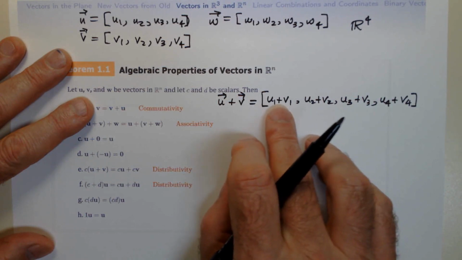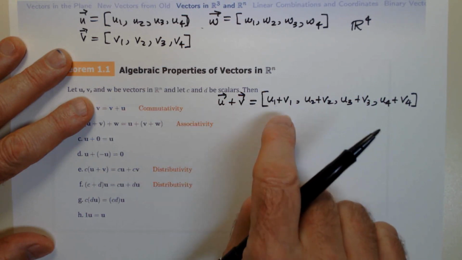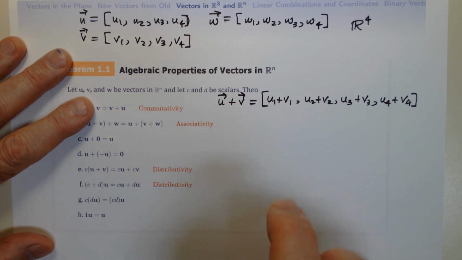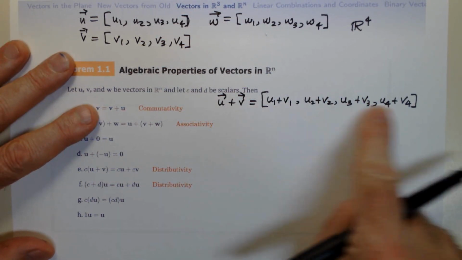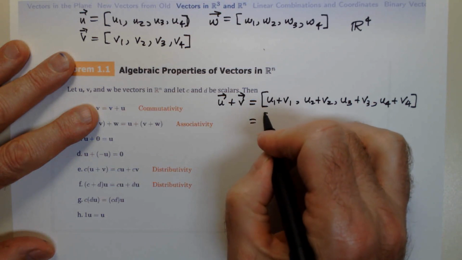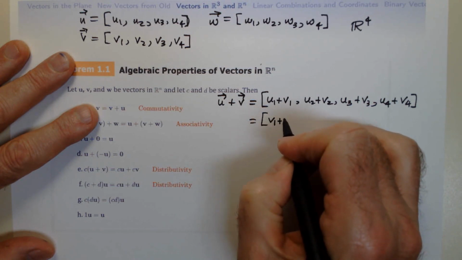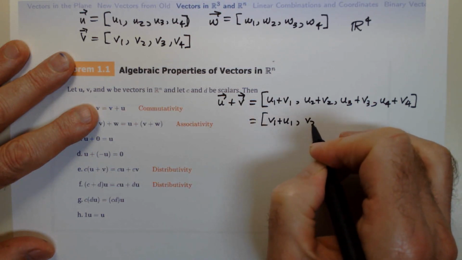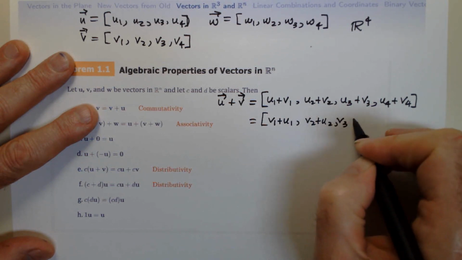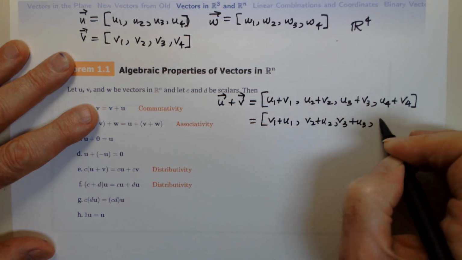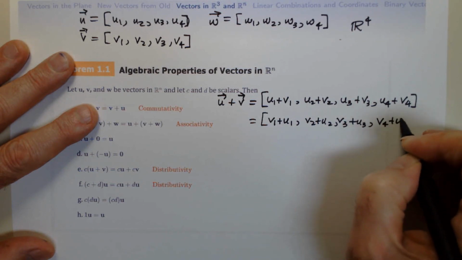This is just ordinary arithmetic of real numbers. And we know that in ordinary arithmetic of real numbers, we can freely commute the members in addition. So this is the same thing as v1 plus u1, v2 plus u2, v3 plus u3, and v4 plus u4.